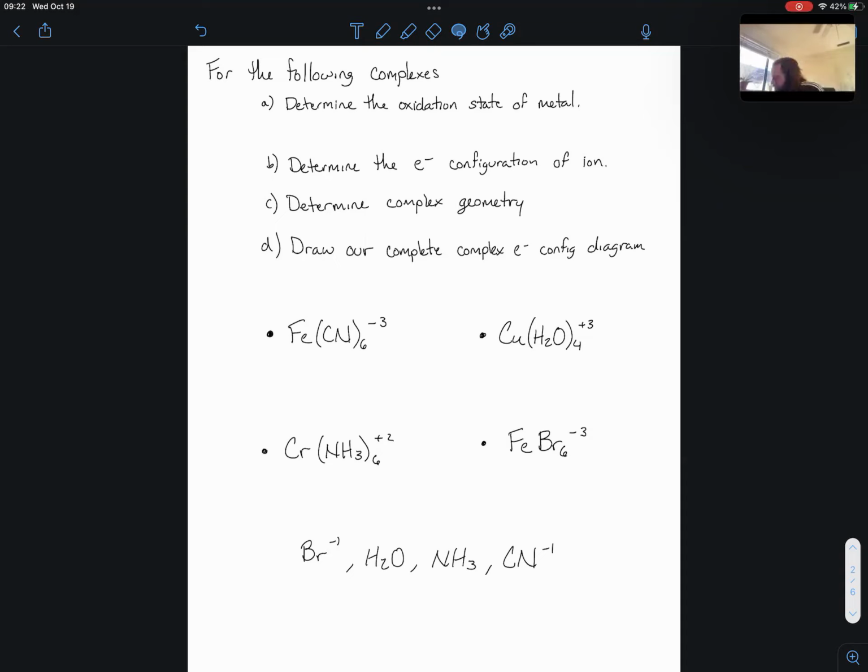All right, and when you get this first one, we'll do it as an iClicker problem. So when you get the oxidation state of iron in this hexacyanoferrate, because you're going to tell me what the oxidation number is, put it into your iClicker.